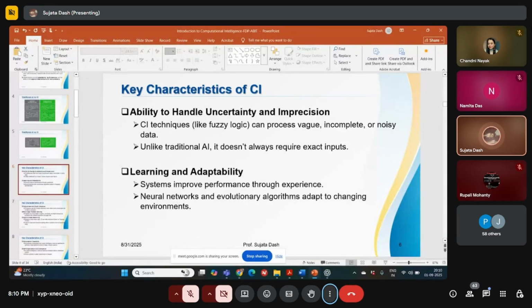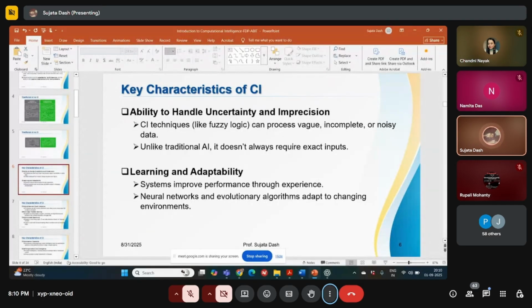Fuzzy logic allows systems to work with approximate truths rather than strict yes or no answers. This makes computational intelligence systems more flexible and realistic because they can make useful decisions even when the input data is messy. So I can say CI doesn't demand perfection.